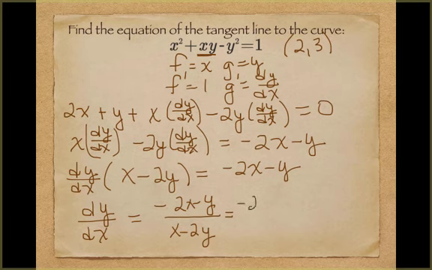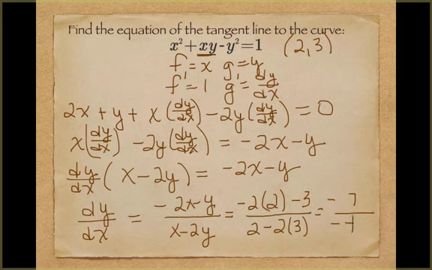So I have negative 2 times 2 minus 3 all over 2 minus 2 times 3. It's going to be negative 7 all over negative 4, or 7/4. So that's our slope for this tangent line.